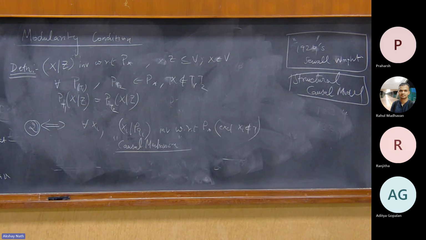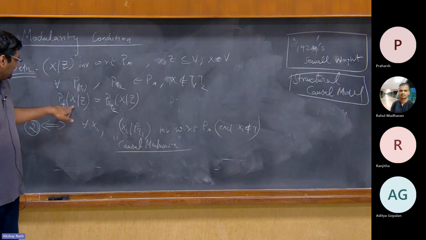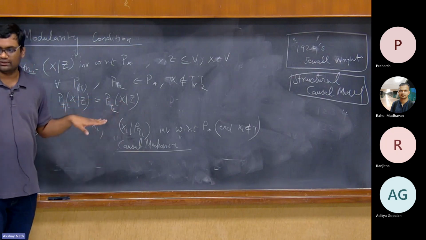I know what you're asking. If one of the PAis had a different T, it doesn't appear at all. So how can you actually define it? But still the conditional distribution can be defined to be that without any loss of generality. I know that one of them is not even realized. That's true. But of course, one more thing I want to say is that when X and Z, you have to make sure X and Z are consistent with respect to T1 and T2.